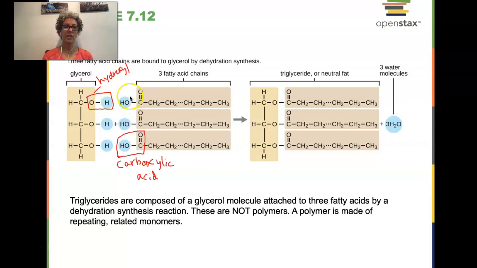Each fatty acid links to glycerol by dehydration synthesis, so we would release 3 water molecules, and we have linked 3 fatty acids to glycerol. Now this whole thing is a triglyceride. The dotted line here just means it depends on the organism and possibly even the cell within an organism how many carbons are in that fatty acid chain.